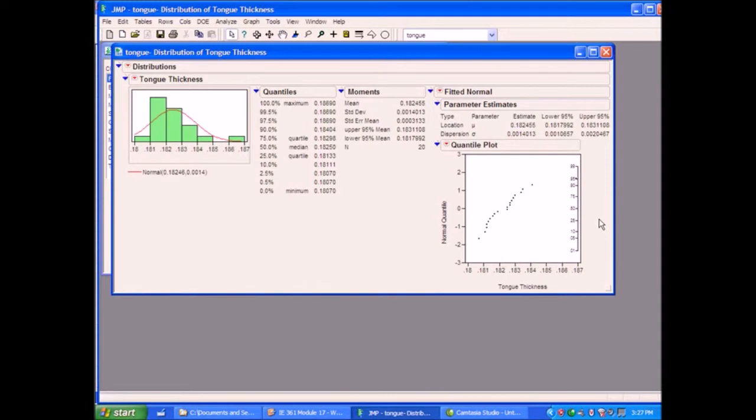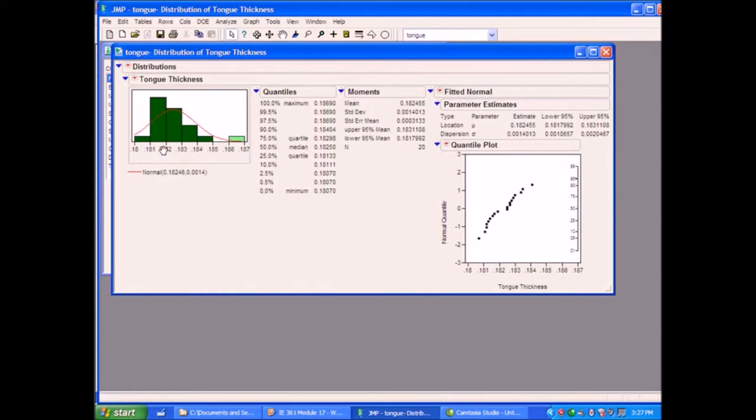Now, what we've got is a mostly straight line plot. If we look at those points on this normal plot, and look back over here on the histogram, those plotted points correspond to these values of tongue thickness that are the smaller values.